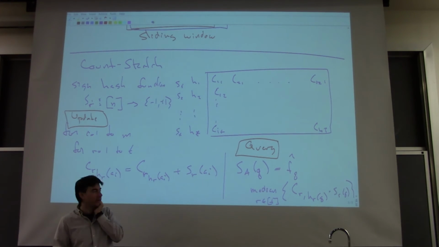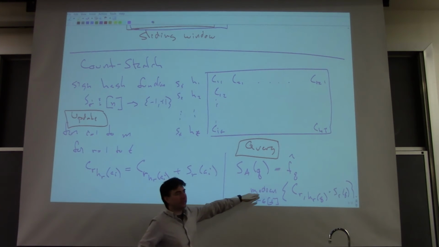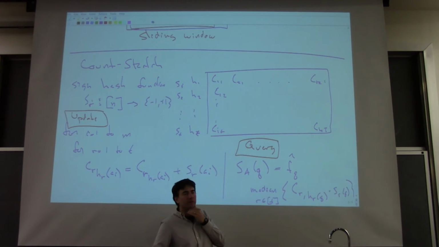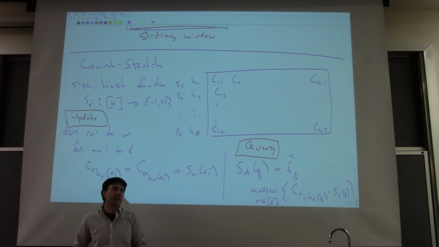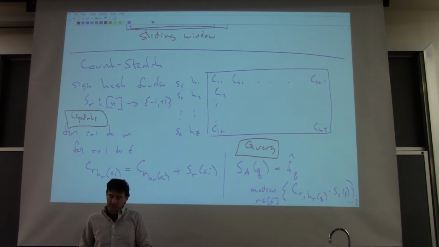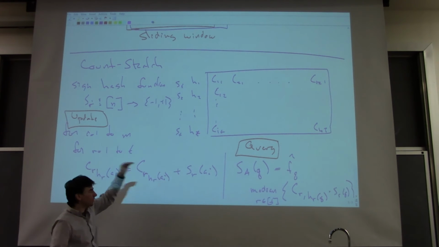This is the median of a set, right? So I sort them and I take the one that has an equal number of things on either side.